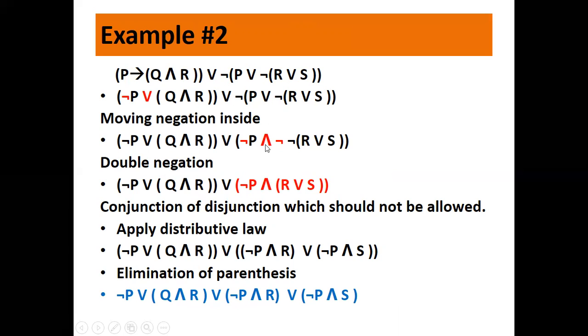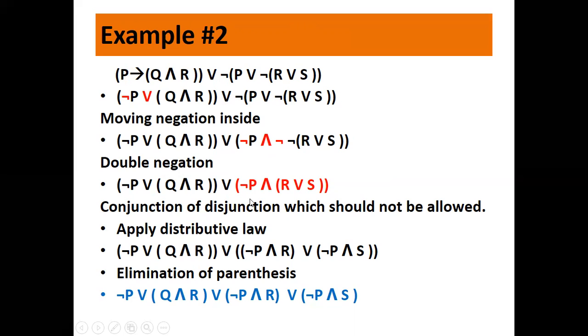So now you get negation of P and here you have double negation of R or S. Whenever there is a double negation, the negation gets cancelled and it remains as R or S. Is it fine?